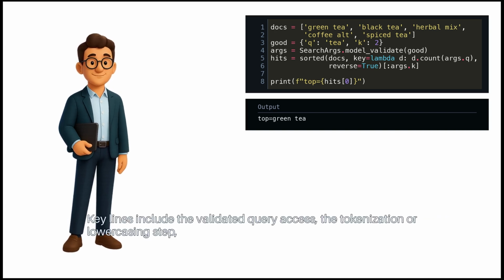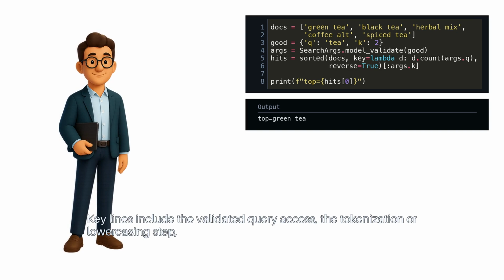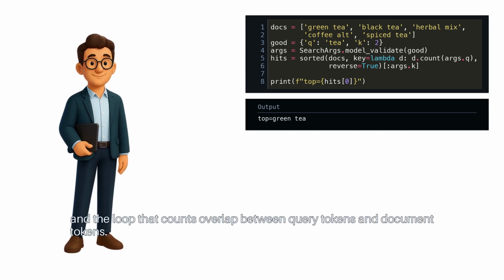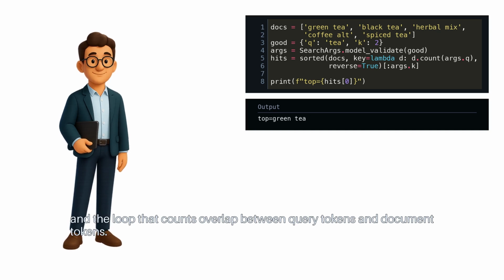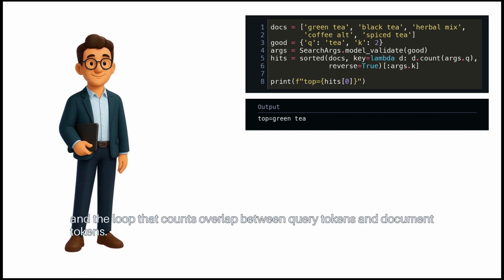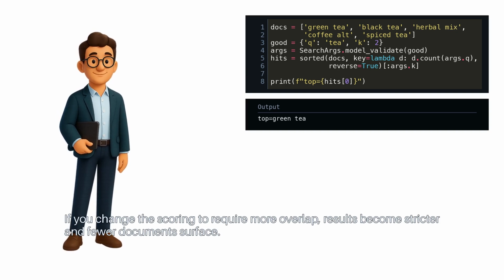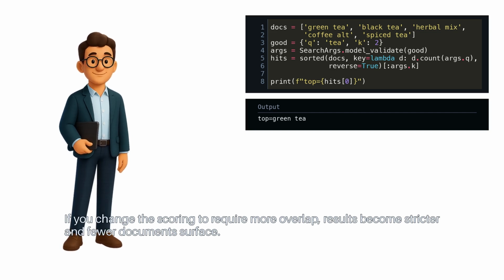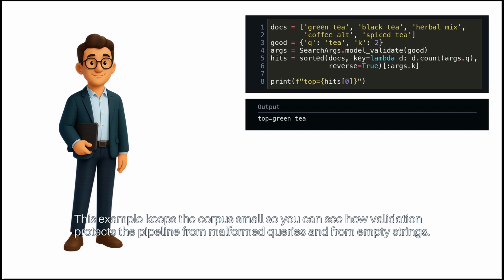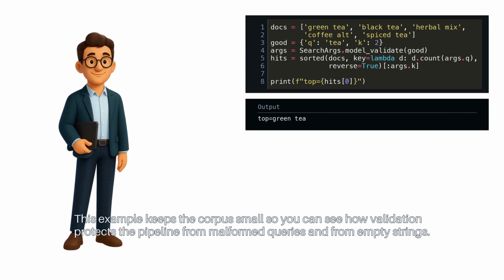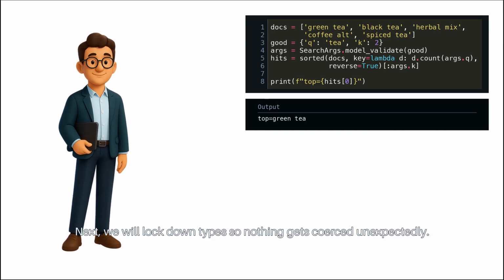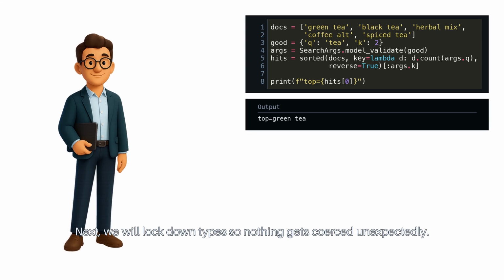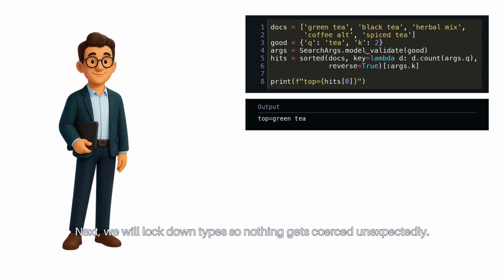Key lines include the validated query access, the tokenization or lowercasing step, and the loop that counts overlap between query tokens and document tokens. If you change the scoring to require more overlap, results become stricter and fewer documents surface. This example keeps the corpus small so you can see how validation protects the pipeline from malformed queries and from empty strings.